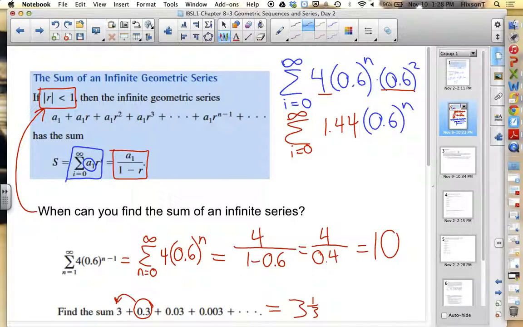Can't you just plug in whatever i is for n to find A1? For the example underneath that you did, to find A1, can't you just plug in 1 for n instead of changing? Well, yeah, you can.